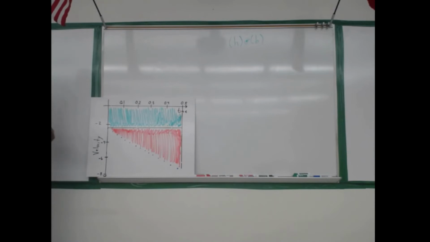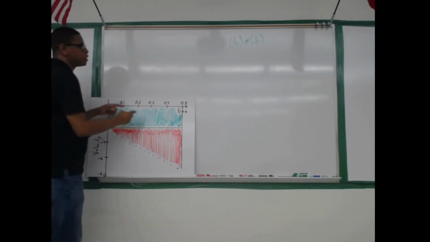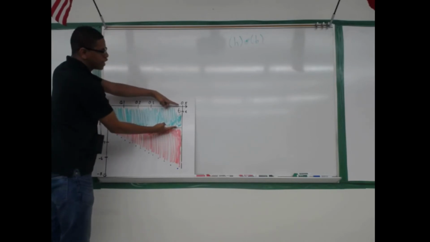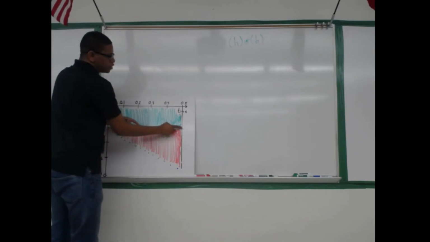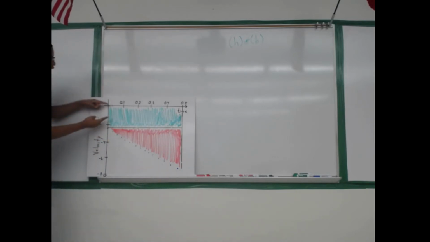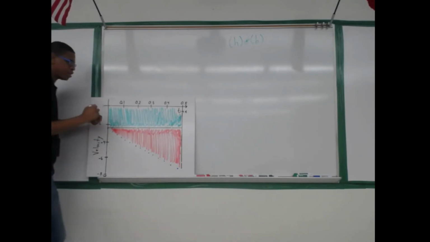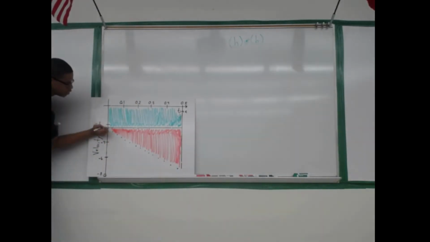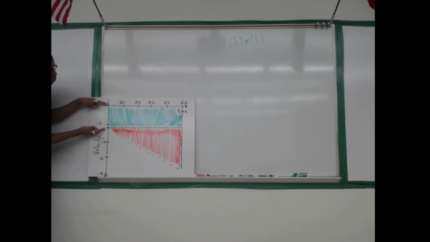Well, look at what we're plotting here. What is it that we're plotting along this height? In other words, what is the height of this rectangle from here to here? Well, the height of this rectangle is nothing more but this point here, which is nothing more but the initial velocity.